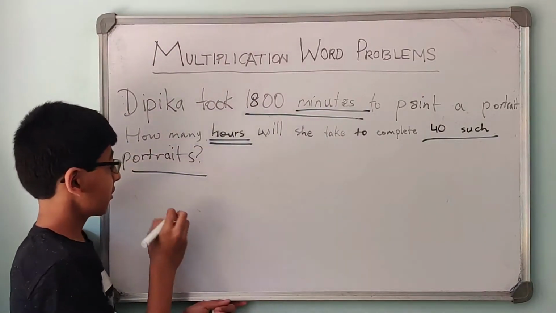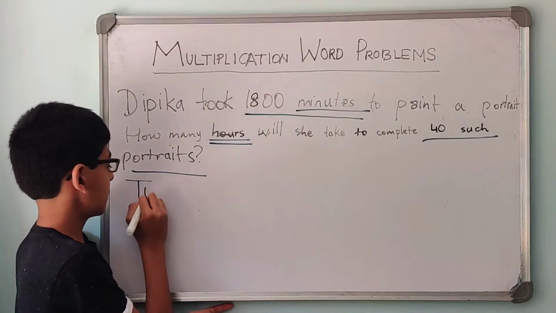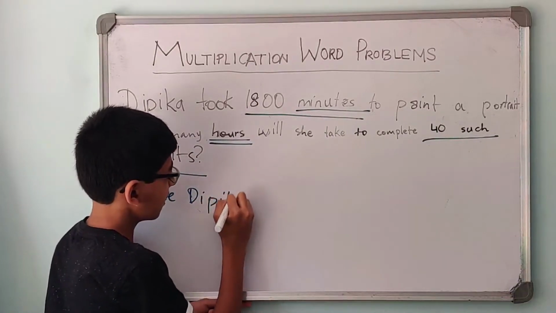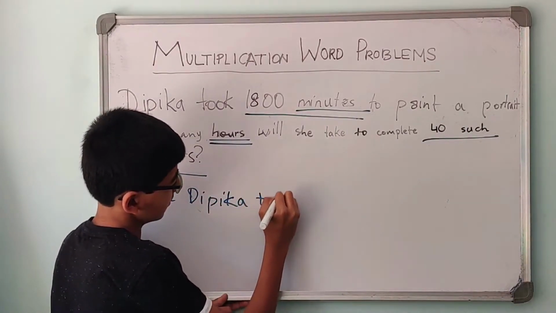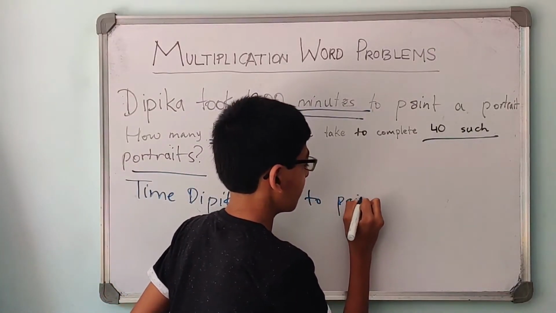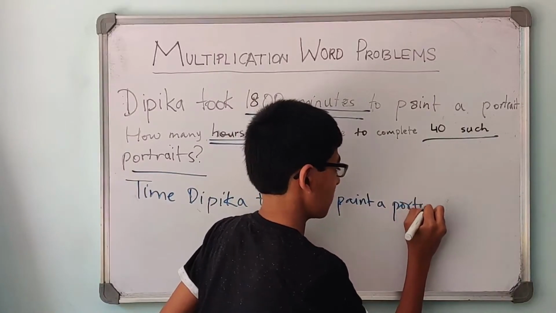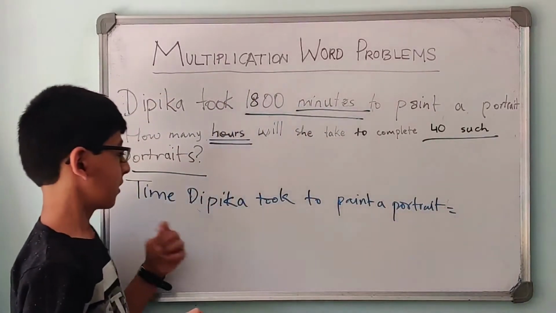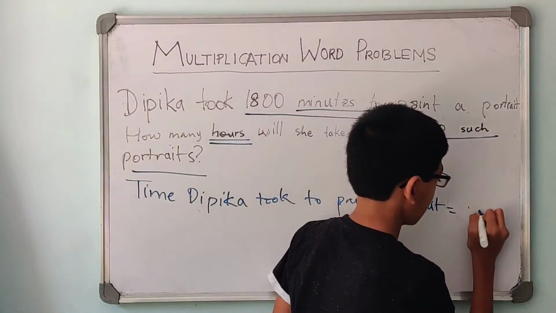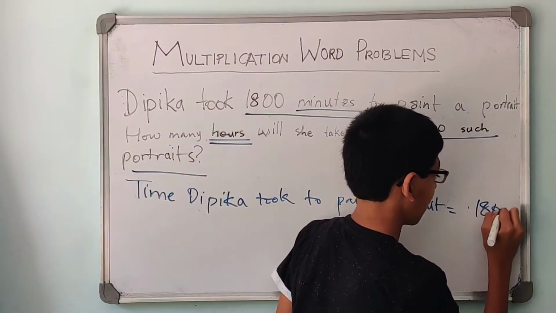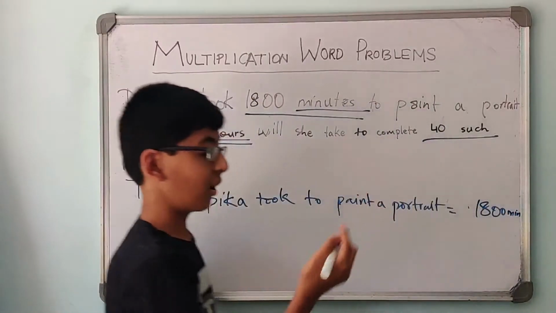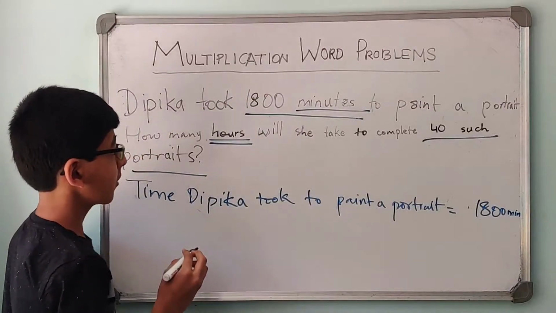So the first sentence would be the time Deepika took to paint a portrait. So the time required to paint a portrait, that time Deepika took, is 1,800 minutes.